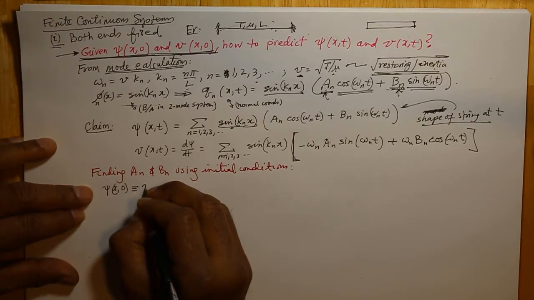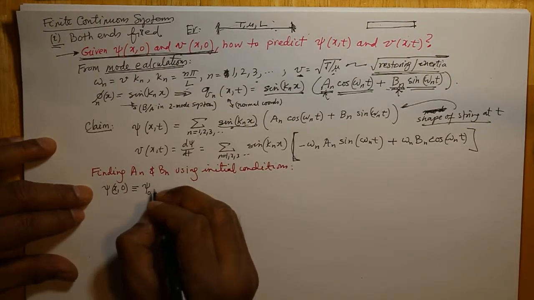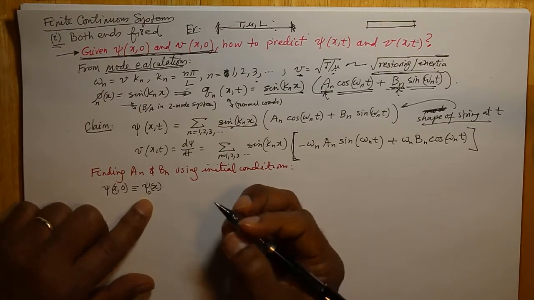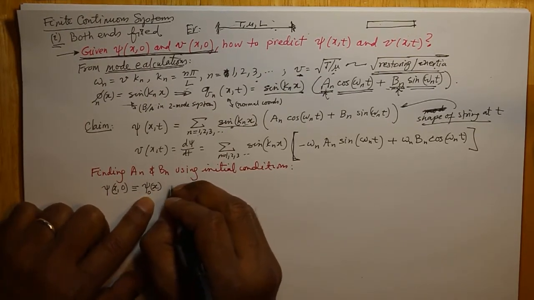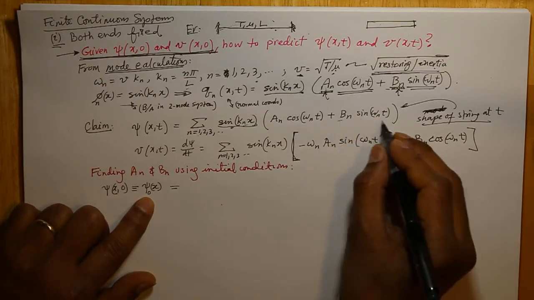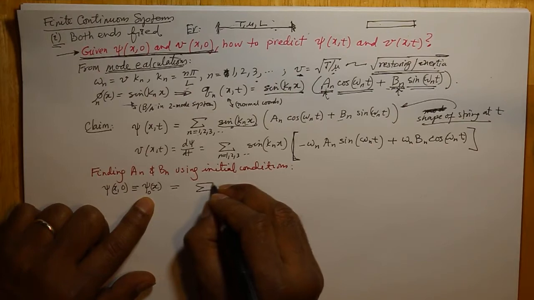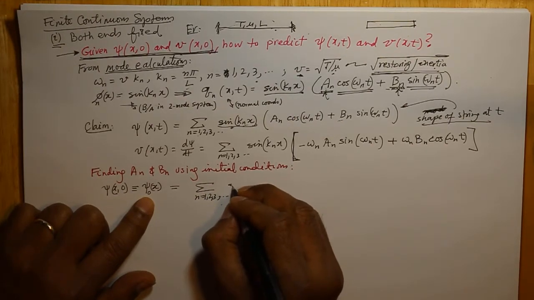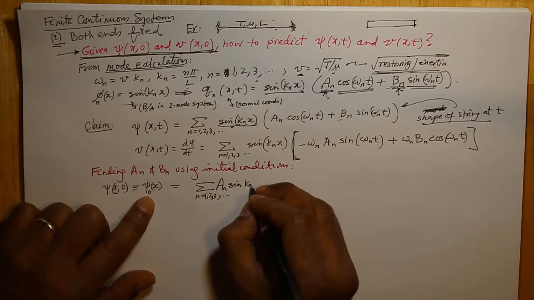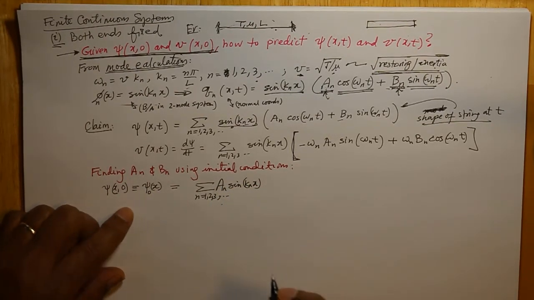I'm just going to call that psi 0 x for simplicity. That should equal, I put 0 there. Of course, none of the b's are there, so this is just the sum over n equals 1, 2, 3 of an sine kn x. That's all that remains.